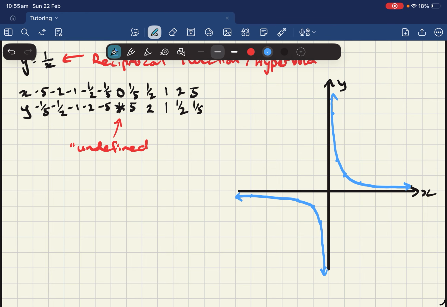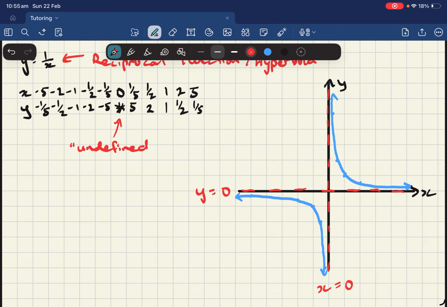So not just one, we can actually see two lines that this graph will approach and get really close to, but never actually touch. One is this one over here, if I draw it with a dotted line. So this is the asymptote of the line x equals 0. And also here, we have y equals 0 also.